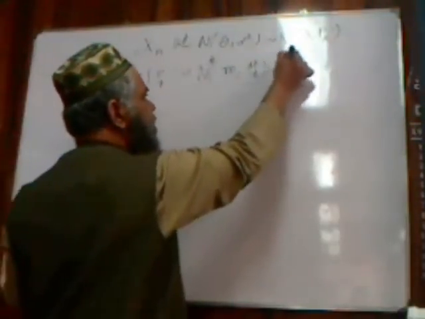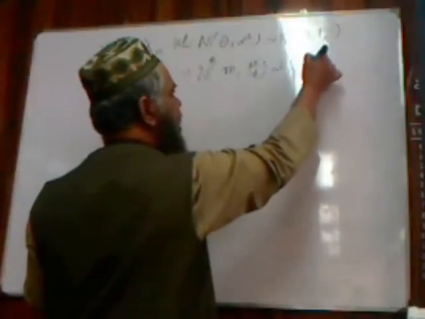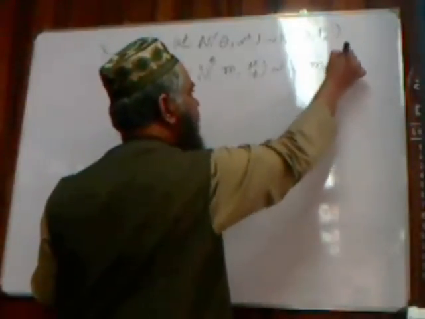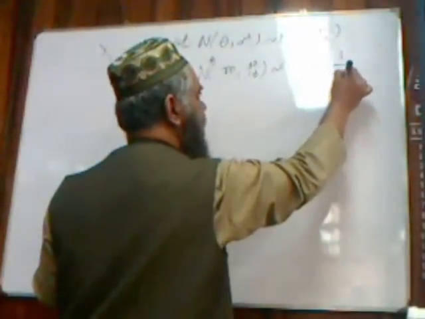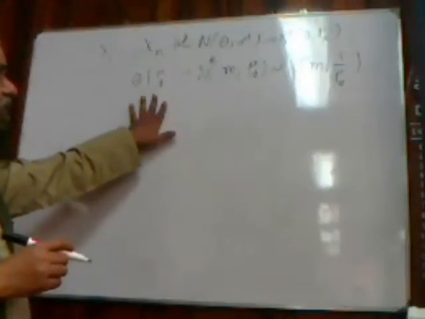I'm going to use the star notation, which is the same as normal with mean m and variance 1 over p theta.